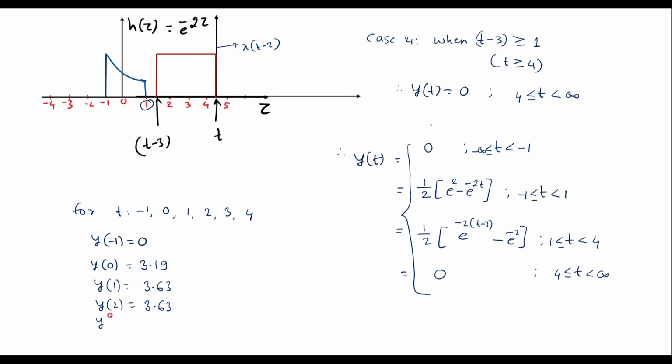For t equal to 3, that is y of 3, substitute t equal to 3 in this equation, we'll get y of 3 value as 0.43. And for t equal to 4, that is y of 4, that belongs to this condition because t is greater than or equal to 4. So its value is 0. So these are the different values of y of t. These are same as the previous answers.